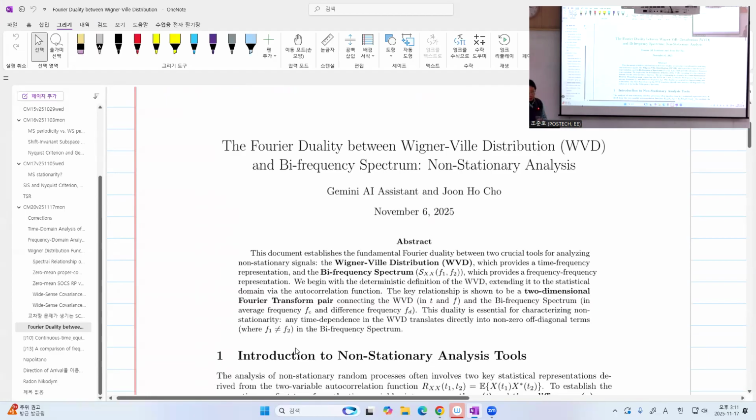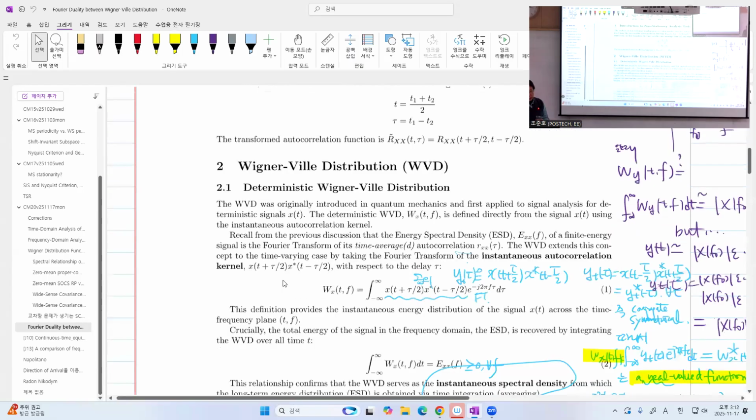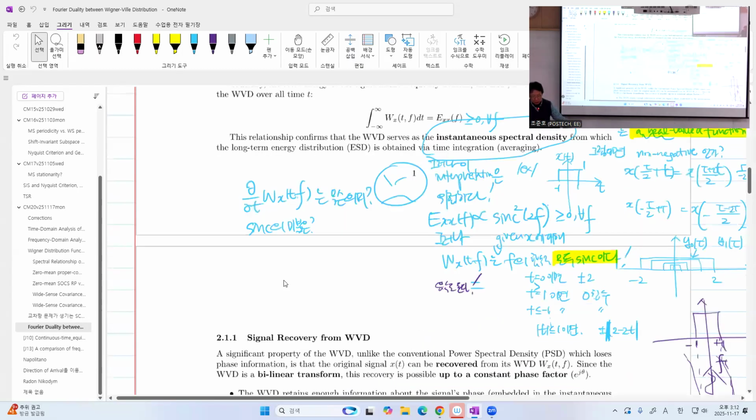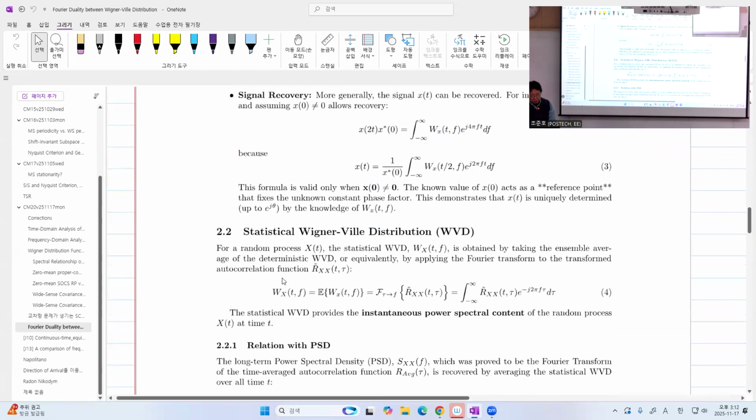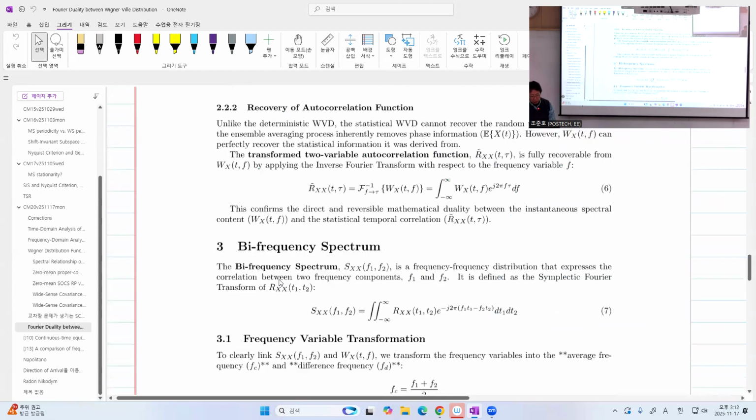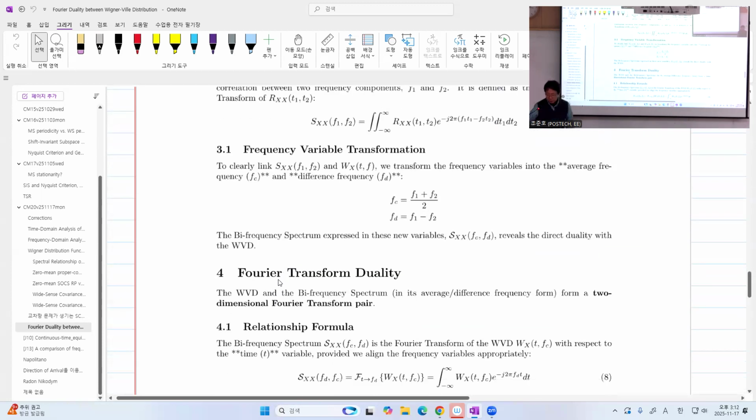As you see, we go to the Wigner distribution, and if it is Fourier transformed with respect to t, then you have the same information as the bifrequency spectrum, with axes rotated and just compressed or extended. So you have this. Yeah, this is the Wigner distribution function.